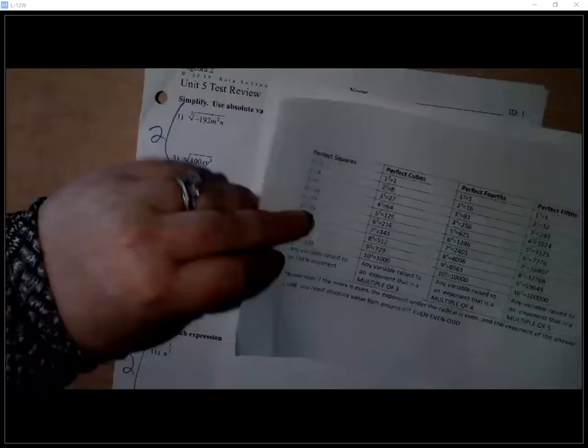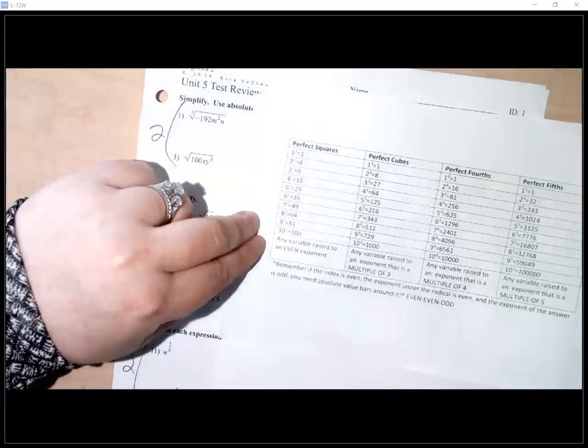Okay, everybody. So let's start with, how about just number one? You can use our nice little chart tomorrow, on Friday. So this is the chart that I'm referring to. So if you have it, great.